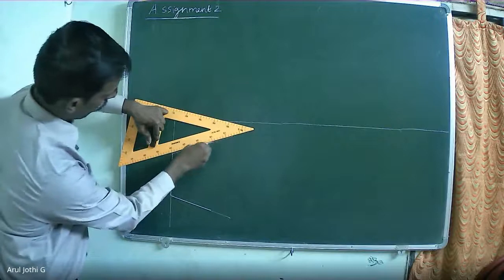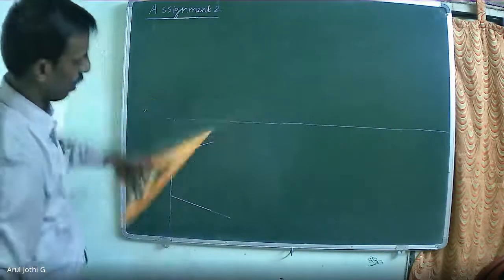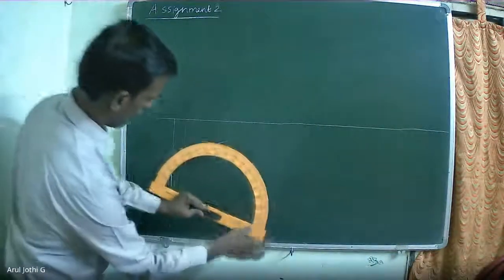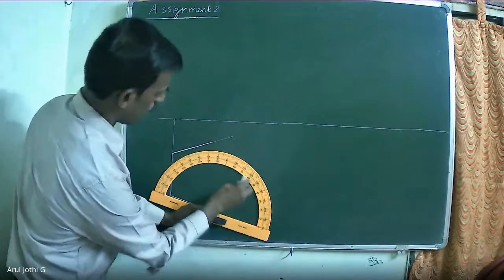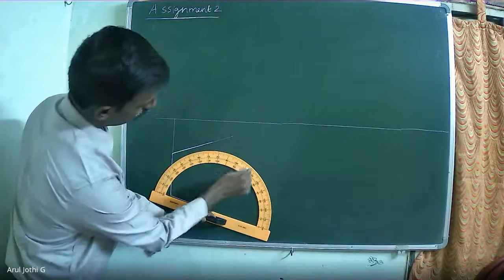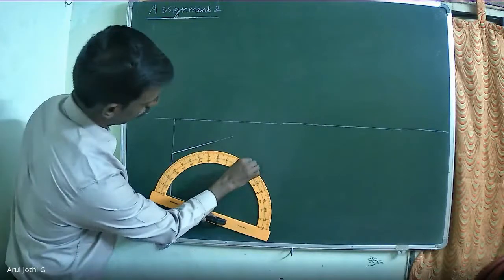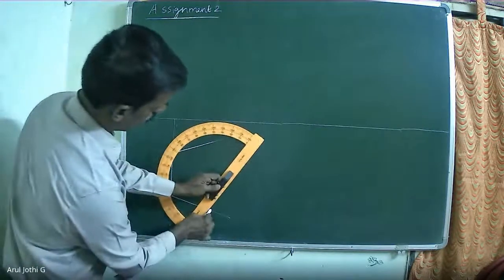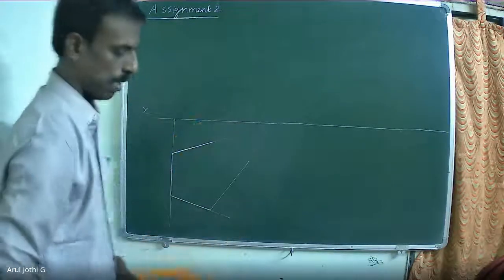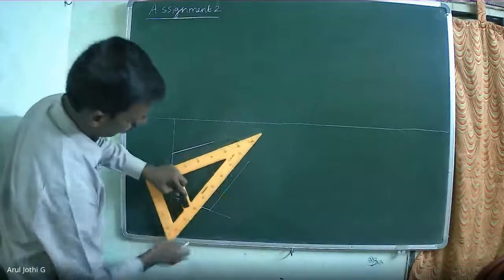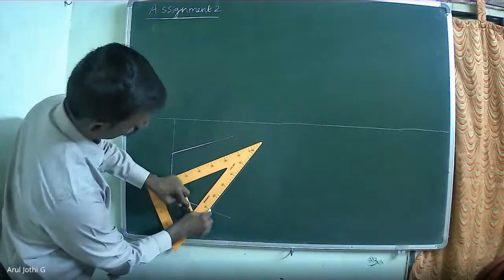So the 30 mm. Now the 72 degrees, and construct the 30 mm side.